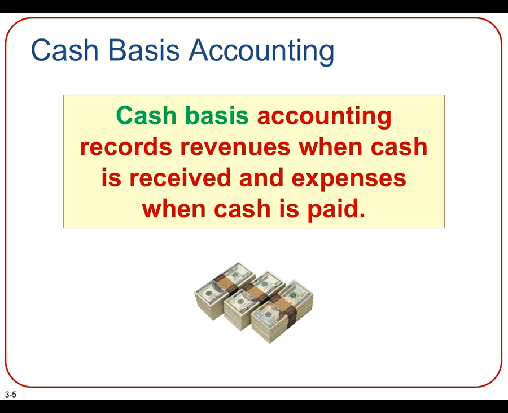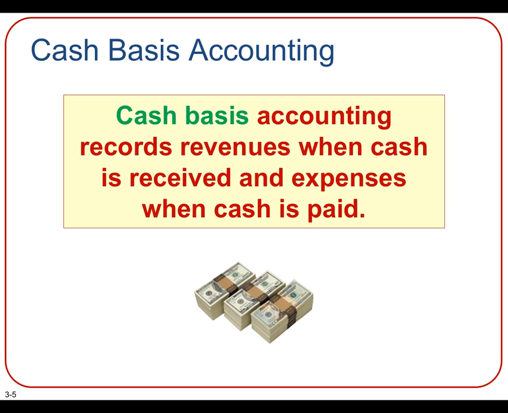That could be a problem, right? Why is this a problem? Think about it. You don't always receive cash when you sell your product or provide your service. If you sell your product on account, which means you don't receive the cash until 30 days or 60 days, whichever time period you give to your customer, then you can record your revenue.